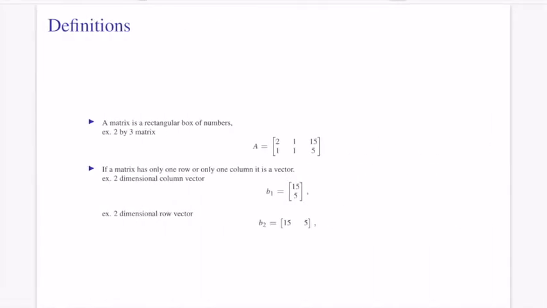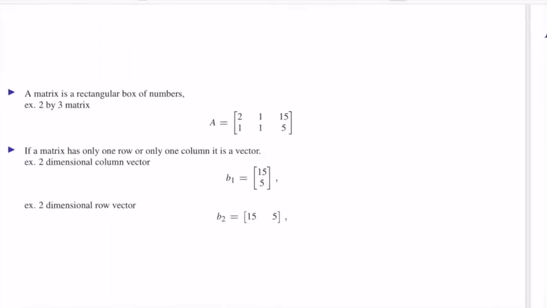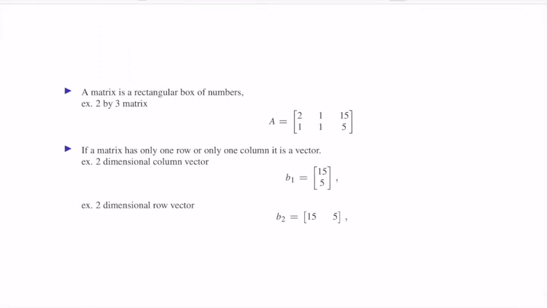In our textbook, the matrix is defined as a rectangular box of numbers. So for example, here A is an example of a 2 by 3 matrix. So 2 stands for the number of rows, 3 stands for the number of columns. And there are two other examples.